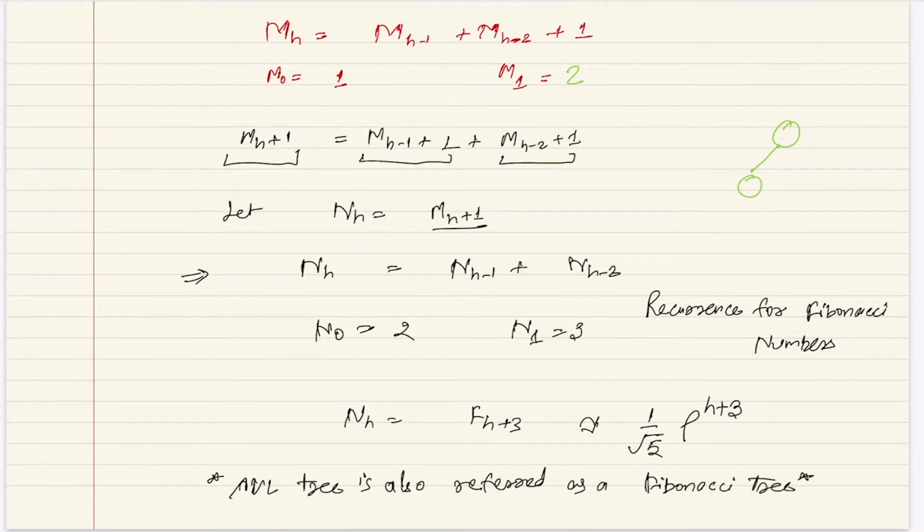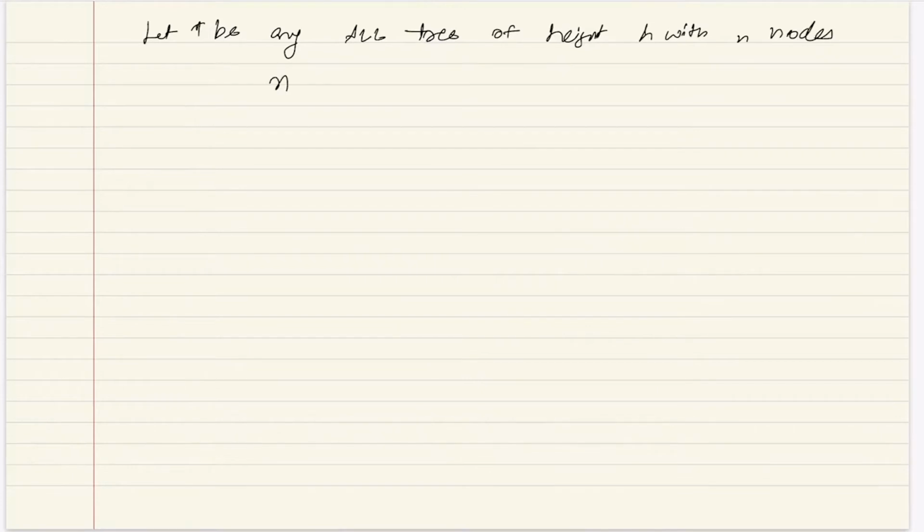Okay, so now what do we see? Let's recapitulate what we have done. So let T be any AVL tree of height h with n nodes. So what do we know? The number of nodes is greater than or equal to m_h, right? I already found the minimum possible nodes, and that is 1 by root 5 rho to the power h plus 3, minus 1.